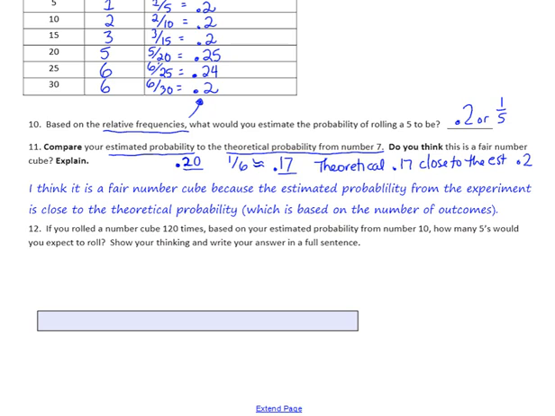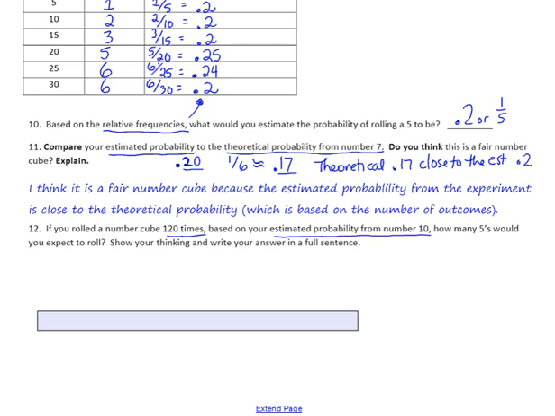Question 12. If you rolled a number cube 120 times, based on your estimated probability from number 10, how many 5s would you expect to roll? Show your thinking and write your answer in a full sentence. Okay, we're going to roll the number cube 120 times, and we want to base it on our estimated probability from number 10.